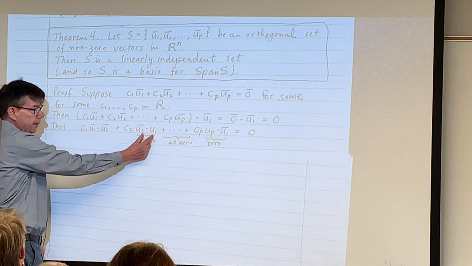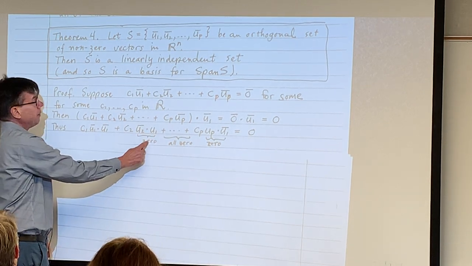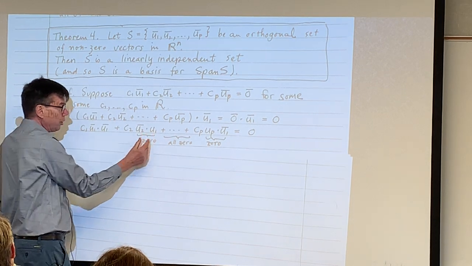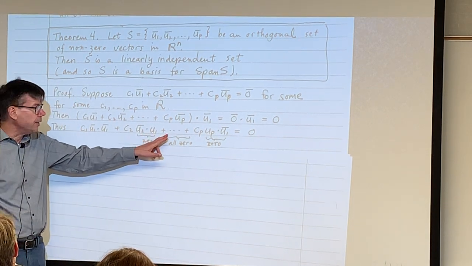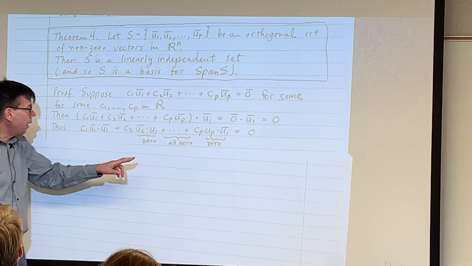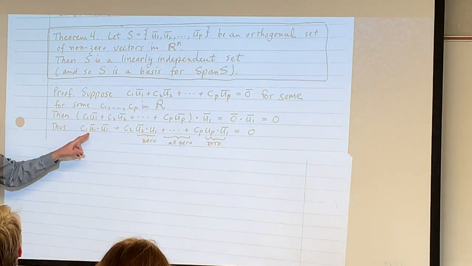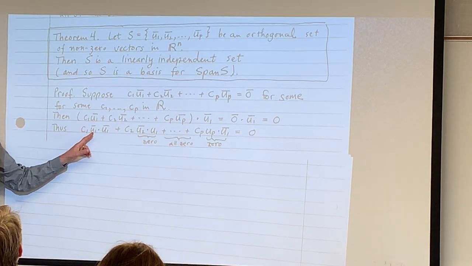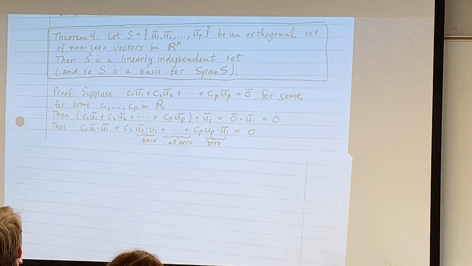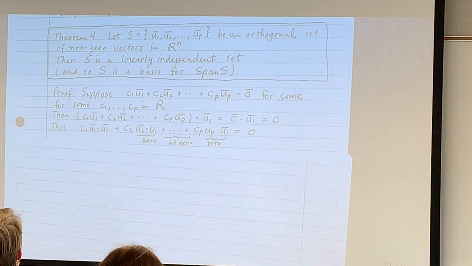But once we get beyond that, U2 dot U1, that's got to be 0 because we have an orthogonal set. And actually, U anything dot U1 is going to be 0 for any of these vectors other than U1 itself. So see the reasoning that all these other inner products down the line are going to be 0.